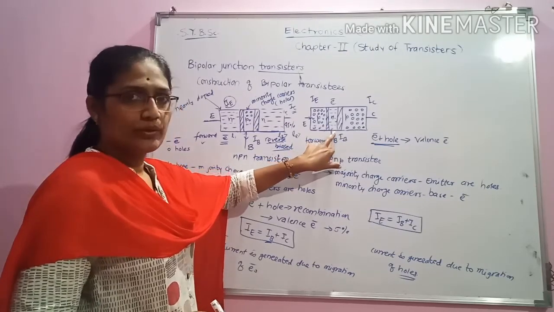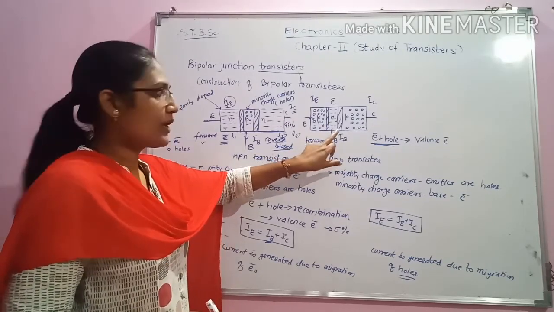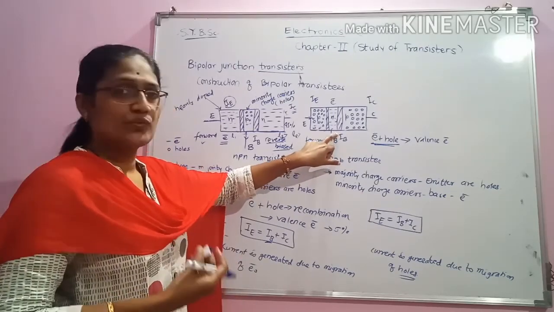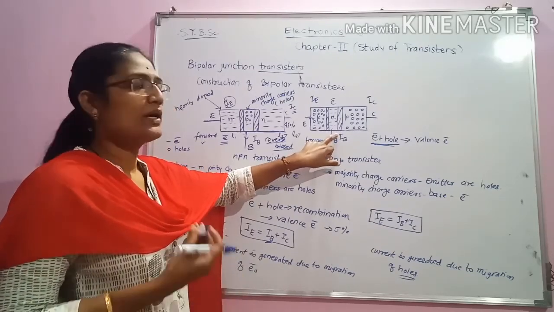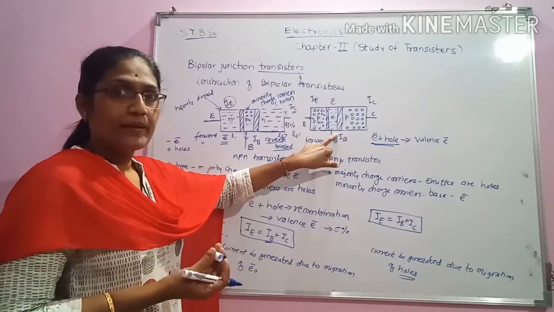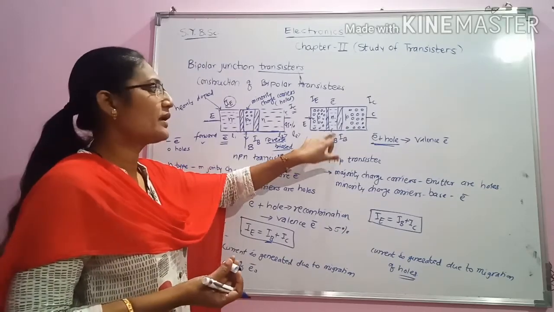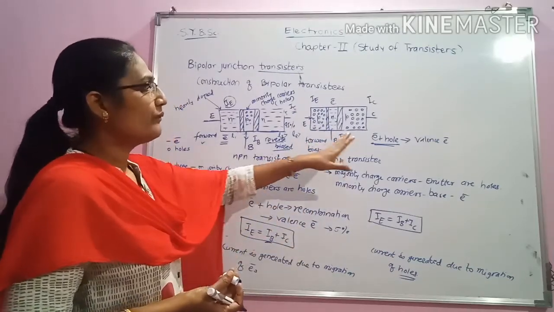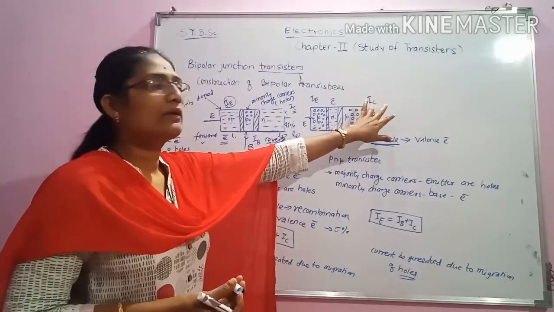Their electron hole recombination will take place. 5% of the electron hole recombination process will give rise to valence electrons. They will generate the IB, that is base current, and the remaining 95% of holes will give rise to collector current.